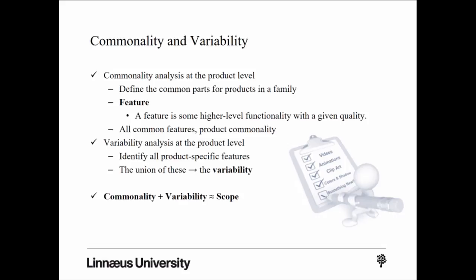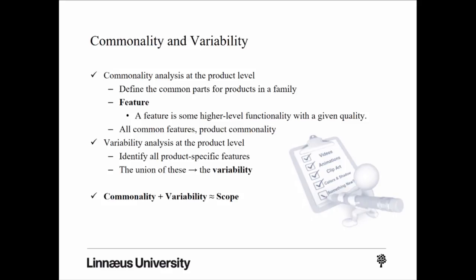So some higher level functionality and a quality attached to it. This means that we can actually define systems not by individual scenarios or requirements. We can group them into a feature. And those abstractions are a little bit easier to work with.